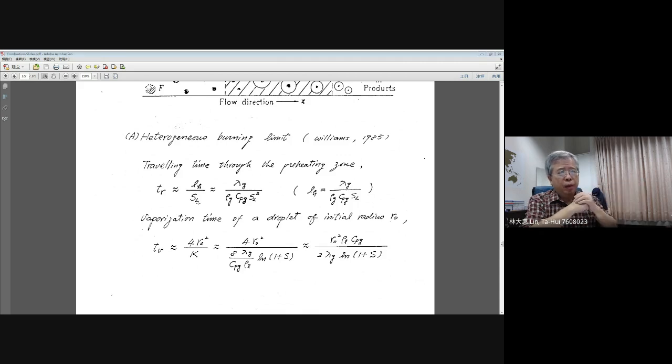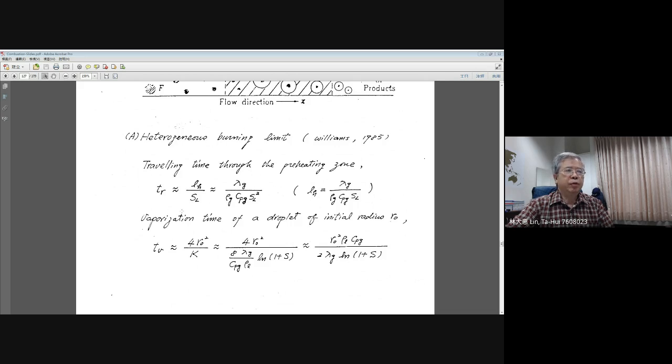We assume the velocity does not change too much. Then you can use your flame speed to be compared with the length. This is the length you need to travel, and the speed of your flow is S_L. You divide it, then you will have the traveling time through the preheating zone. Now you can estimate it by using the definition for the preheating zone from the premix flame studies.